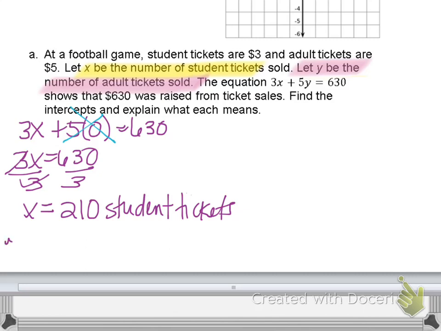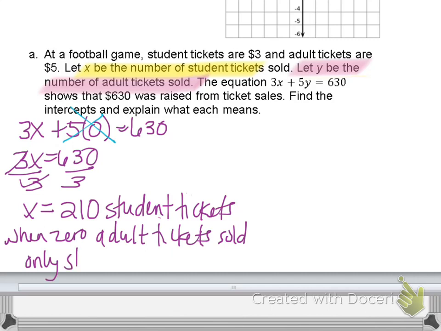So when 0 adult tickets are sold, which means that only students attend the game in this scenario.